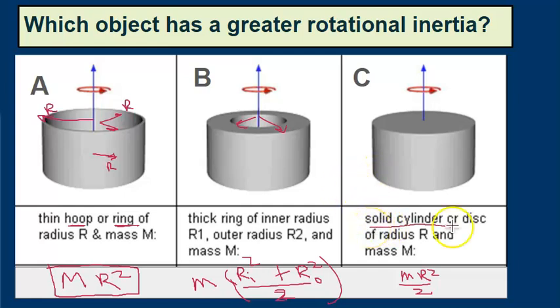And then the solid cylinder or disc has even less rotational inertia because you're bringing the mass closer, all the mass that was on the edge, some of it has moved in and filled in all of this empty space. And so it is half the rotational inertia of that. And deriving this is quite easy using calculus. But again, I will give that to you on the test.